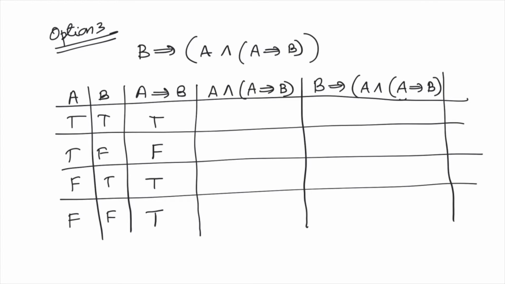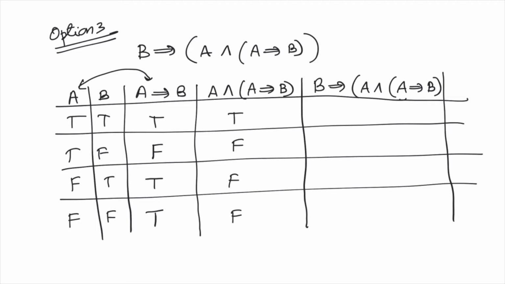For A implies B, the statement becomes false only when there is an elephant in the library and you are not giving money. That is cheating, right? Now let's see A and A implies B. We take and of the first column and third column. So this is T, this is F, this is F, and this is F.